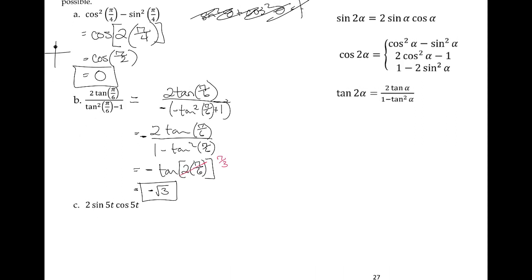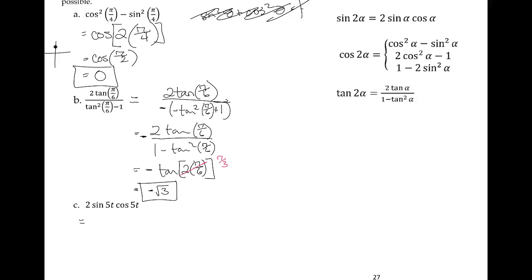My last one here, I see 2 sine and cos, and I'm not even looking at my angles because the second that I see this one, there is only one identity that looks remotely like that, and it is sine of 2a.